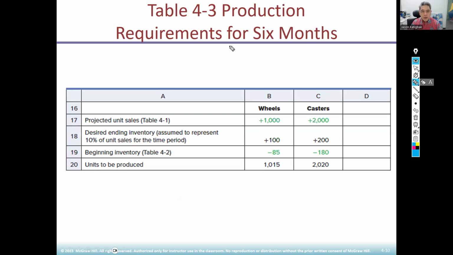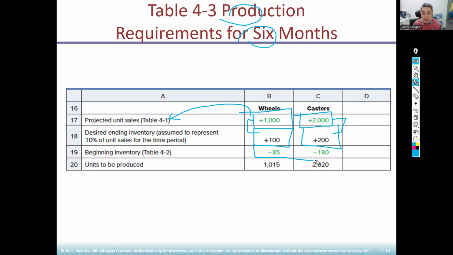So here, basically, there's a production requirement for 6 months. If this will be our quantity that we need as a forecasted units, and then this is your desired ending inventory, if I add both, that will be the goods that you are thinking to produce.